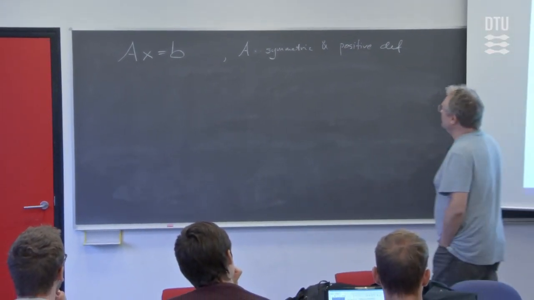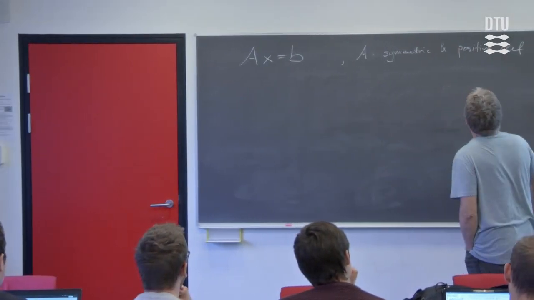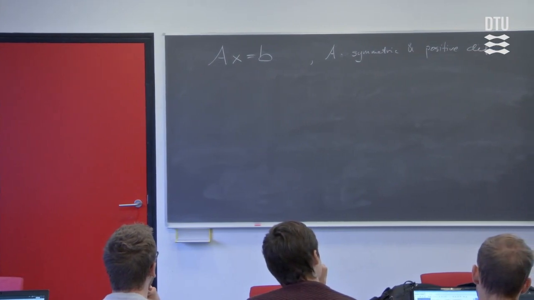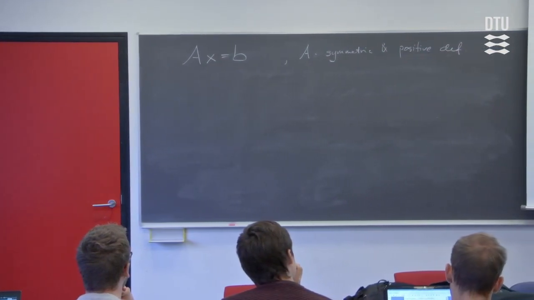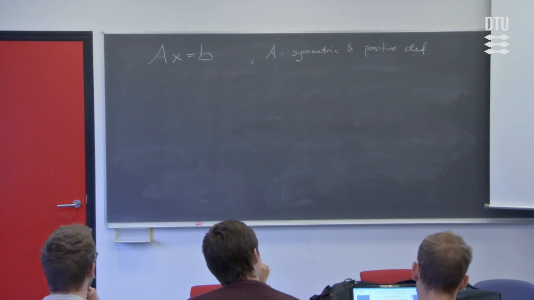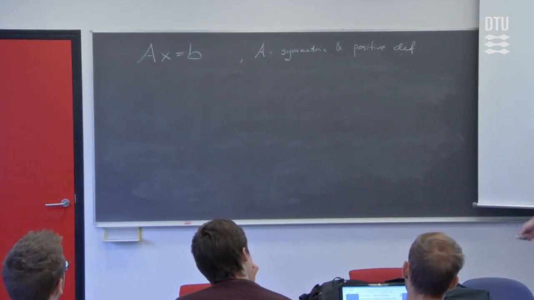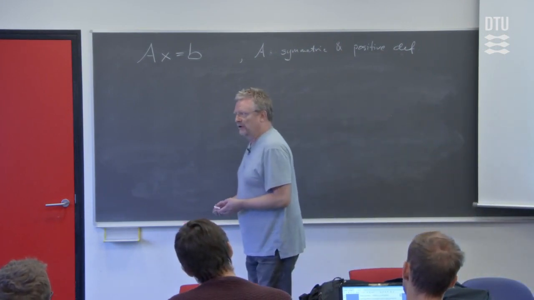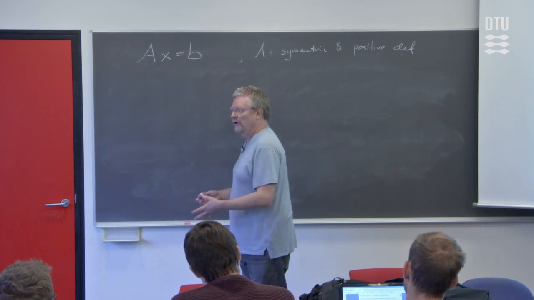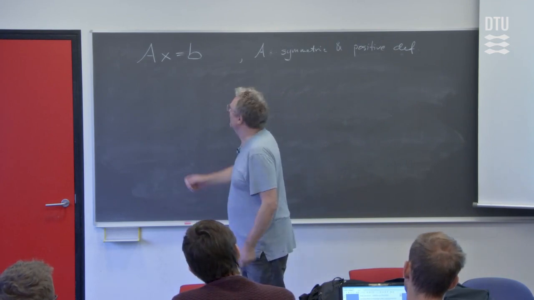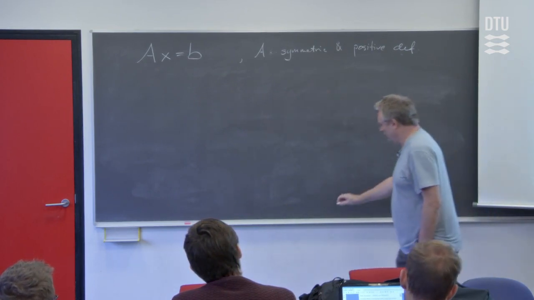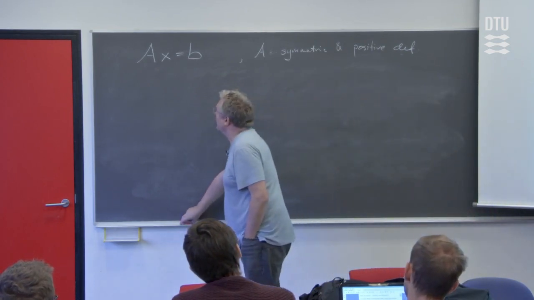Symmetry is easy to check; you just look at the matrix. Positive definite, well, one way of saying that is all the eigenvalues have to be positive. That's harder to check. In many applications, when you discretize a problem to put it on a computer, you know from the underlying physics or mechanics that your matrix is going to have this property. So that's what the conjugate gradient algorithm is doing.